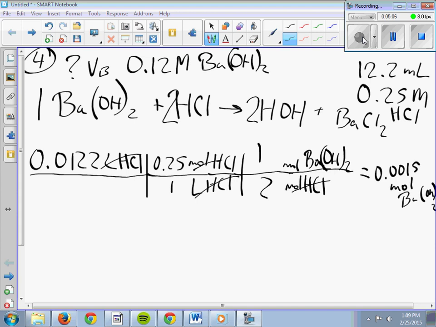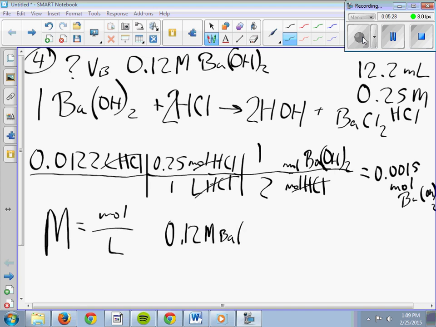But we're not asking for the number of moles, we're asking for the volume. That's where I like to go back to the definition of molarity. Well, molarity is the number of moles per liter. Well, now I have the number of moles. I was given the molarity. So 0.12 molar BaOH2 is equal to number of moles.